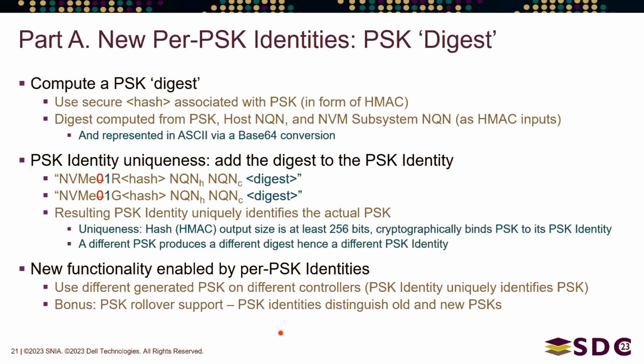With the old way, I had only a single identity for a PSK. And so there was no way to establish this switch from the old PSK to the new one, to have a PSK rollover. Now with per PSK identities, we get the ability to have a rollover.